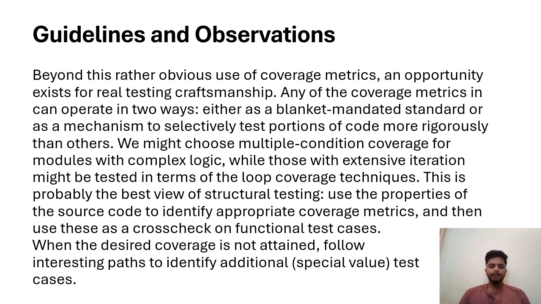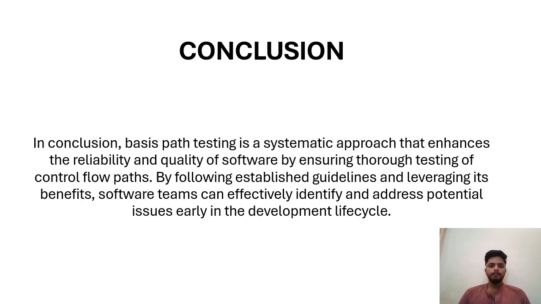This is probably the best view of structural testing: use the properties of the source code to identify appropriate coverage metrics and then use this as a cross-check on functional test cases. When the desired coverage is not attained, follow interesting paths to identify additional test cases.